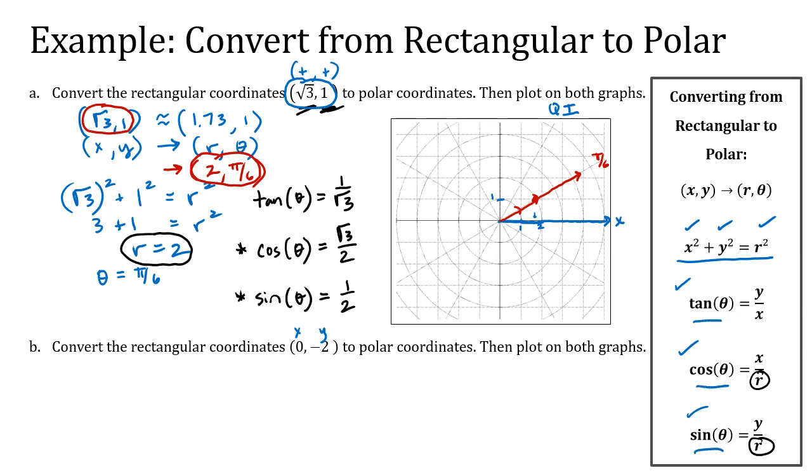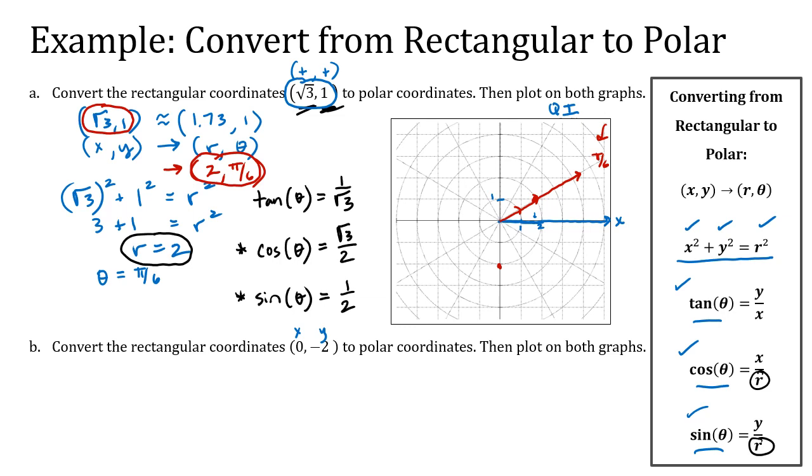But when you have a point that lies on an axis, that's what's happening here, because 0, -2 is going nowhere on the x-axis, and then it's going down 2 units, right? There's the point, 0, -2. When we have a point that lies on an axis, as opposed to pi over 6, that point was not lying on an axis, it was lying on a diagonal. But this one is lying on the negative y-axis.